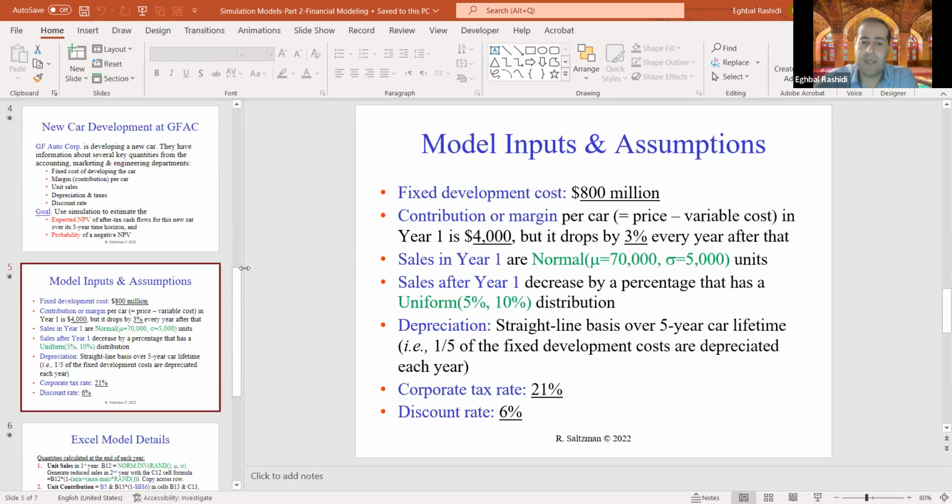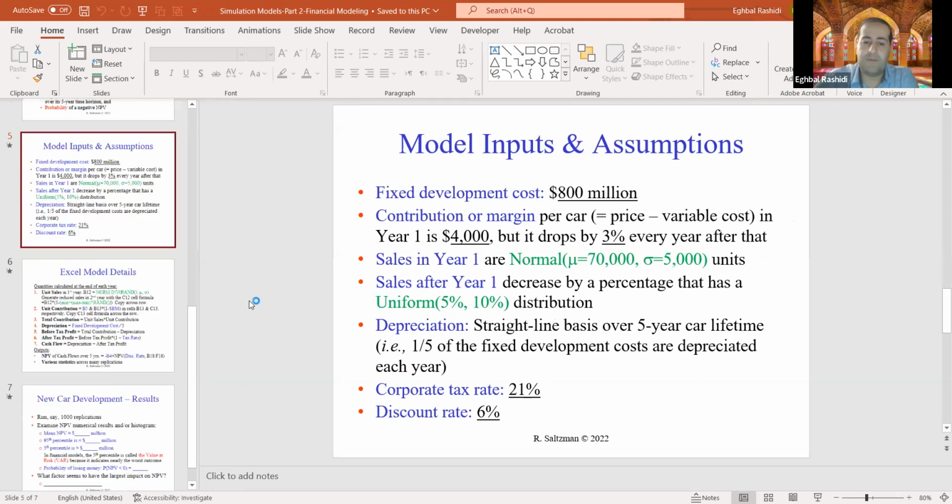So these are the data that we would work with. The fixed cost for developing the car is estimated to be $800 million. The contribution or the margin per car is computed as the price minus the variable cost, and it's actually a stochastic value. It's going to change. For example, for the first year, they estimated it to be $4,000, but it's going to drop by 3% each year after that.